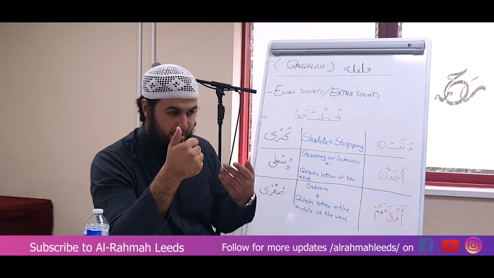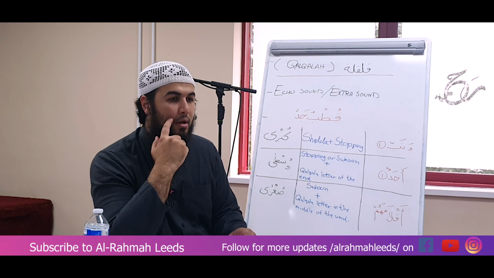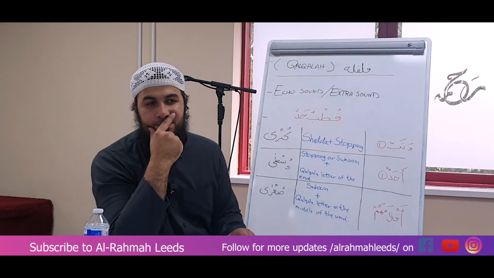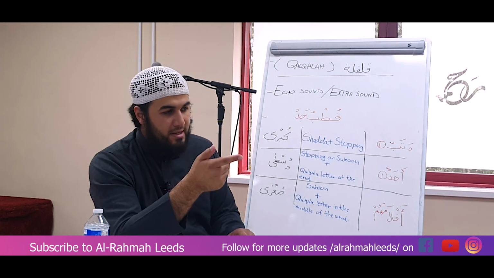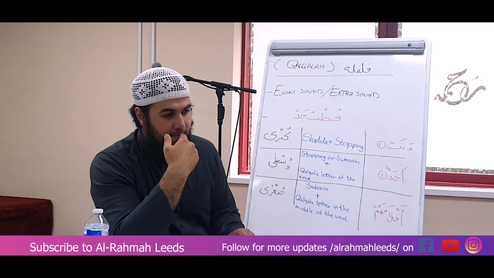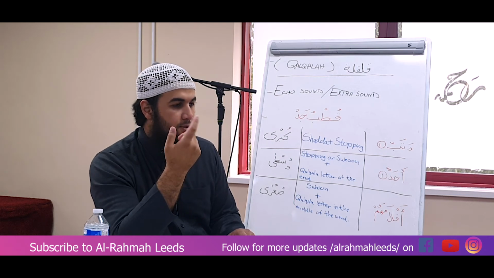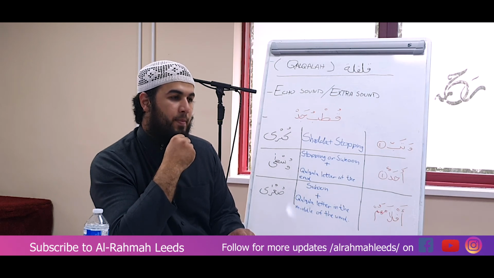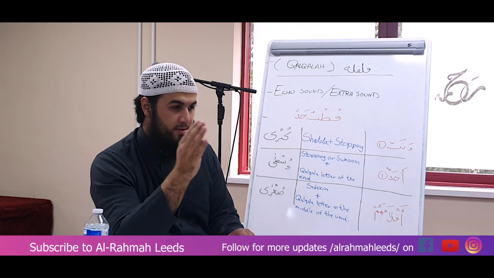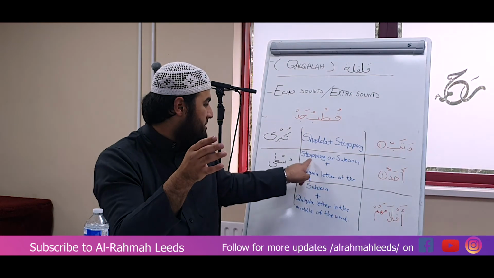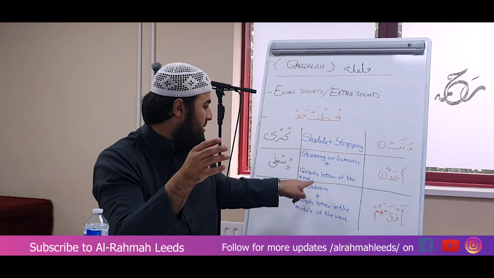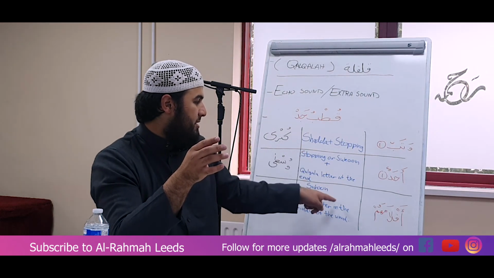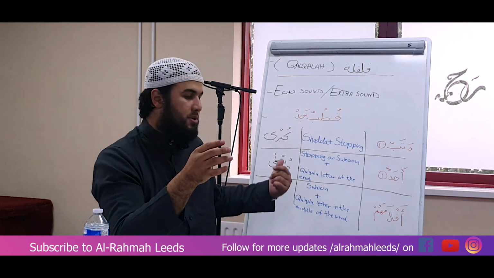Kasaba. That's wusta. Why is that wusta, by the way? It hasn't got a sukoon at the end. Kasaba, I'm stopping, and where's the qalqala letter? At the end. So, stopping, qalqala at the end, that goes with the conditions of wusta.